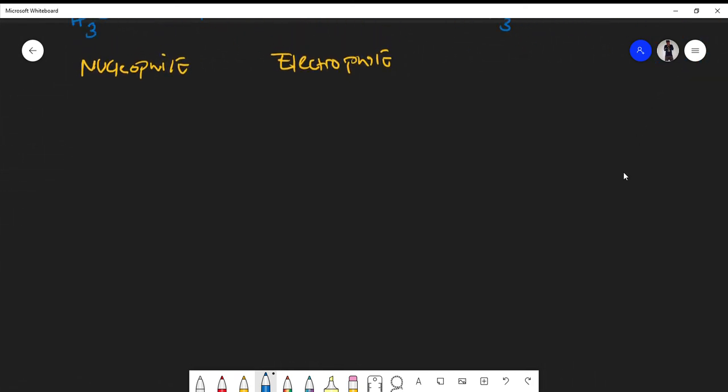Let's try one more. Can you identify which one is the electrophile, which one is the nucleophile? We already said that the nucleophile is what does the attacking, and the electrophile is usually what receives the attack from the nucleophile. Now in this case, I'm going to give you the products, because we're simply just identifying.